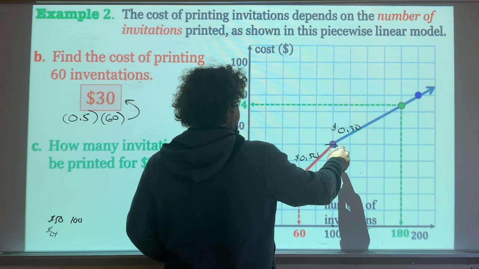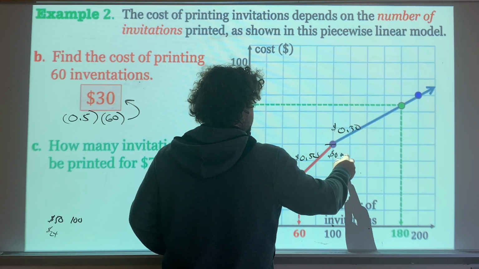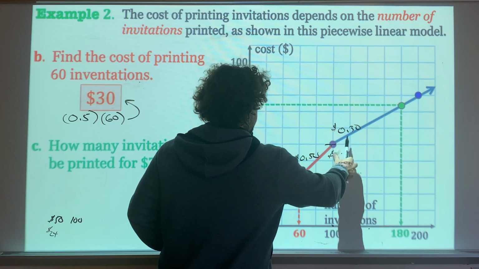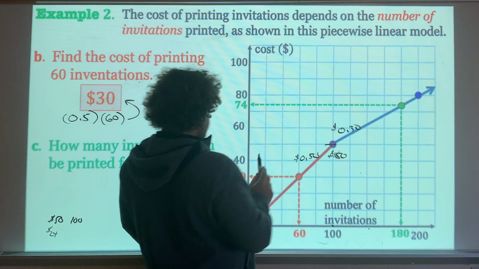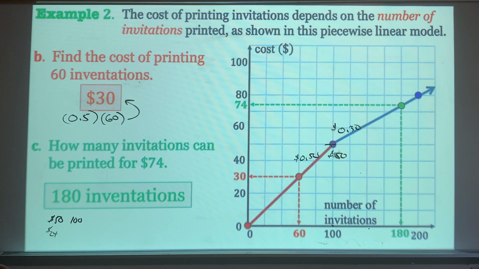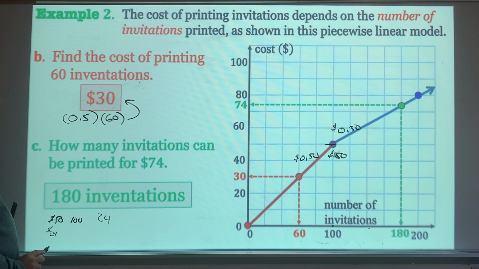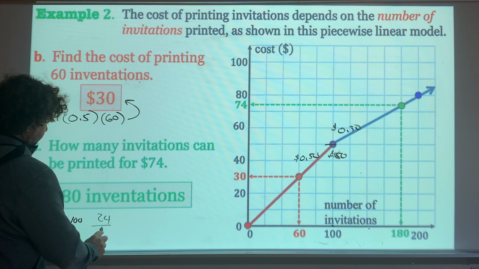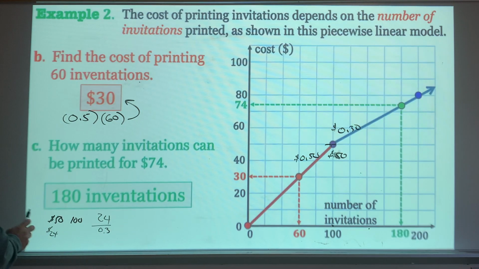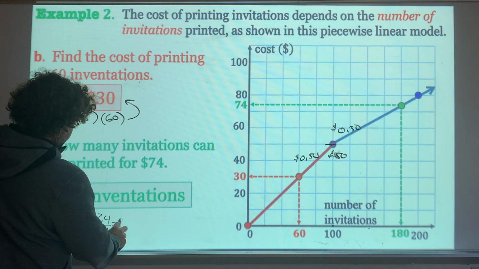So we paid $50 for this first one, and now we want to pay 24. So we just do our $24 divided by 0.3. And when you do that, you get 80.